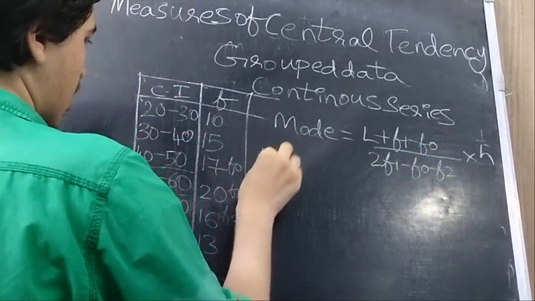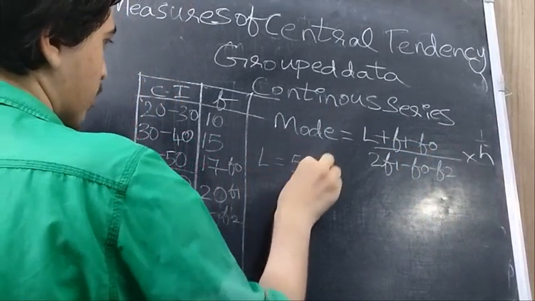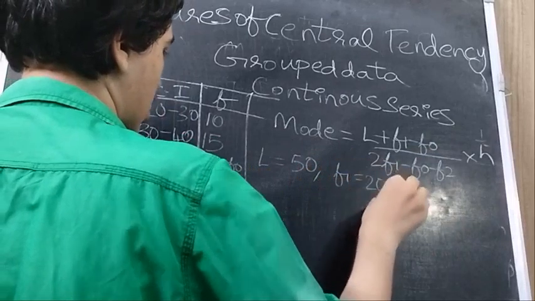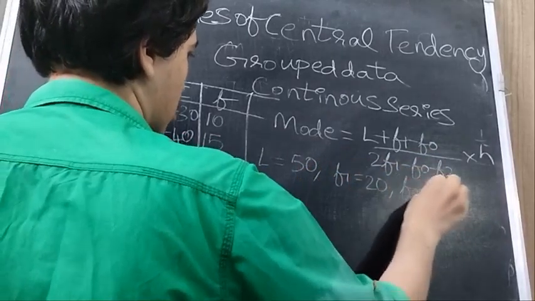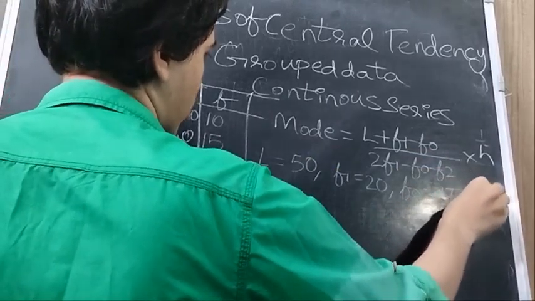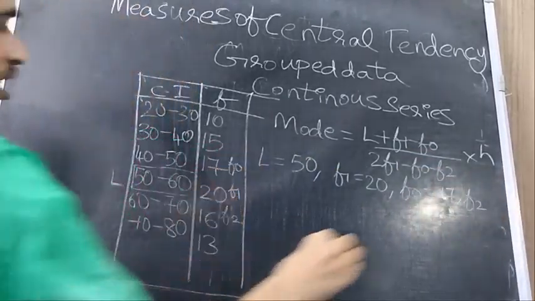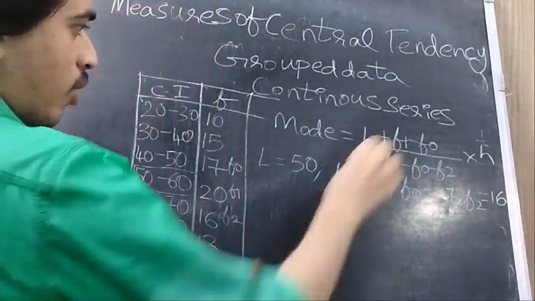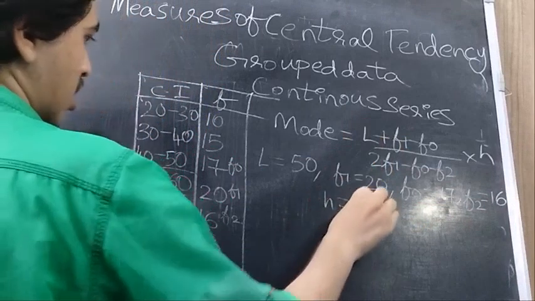What is the L value here? 50. What is the f1 value? That is the highest frequency, 20. What is the f0 value? That is above the highest frequency, that is 17. And what is the f2 value? That is below the highest frequency, that is 16. And what is the h value? The class size is 10.